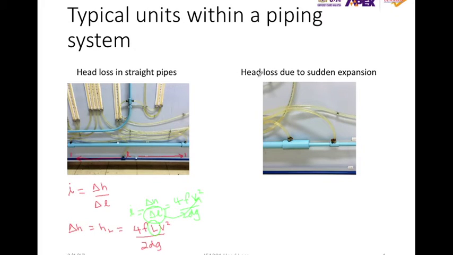There will also definitely be some head loss due to sudden expansion of the pipe. So imagine water is flowing from here to here. There's a sudden increase in the diameter of the pipe that causes the velocity to drop from V1 to V2. Due to this sudden change, there will be some energy loss or pressure loss because of this sudden expansion.